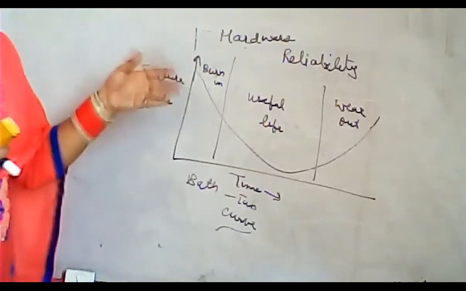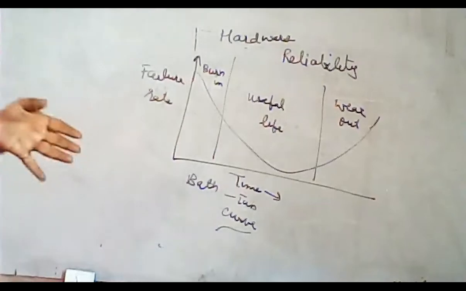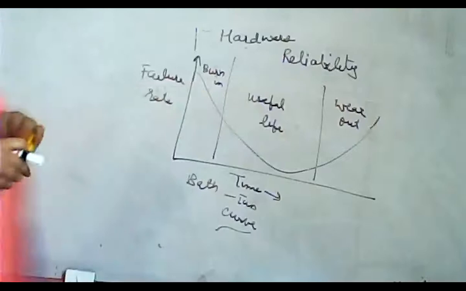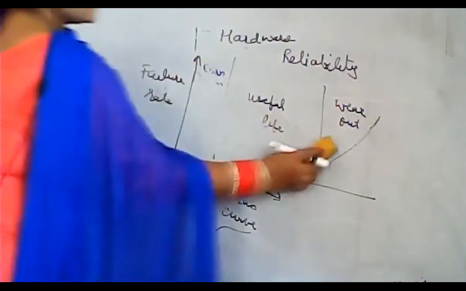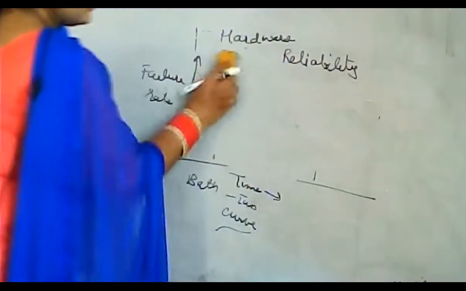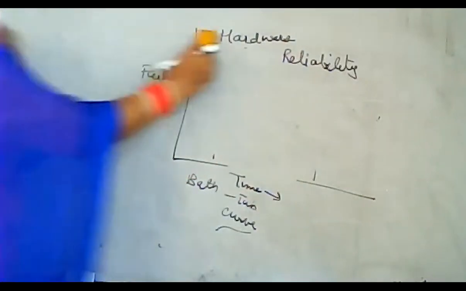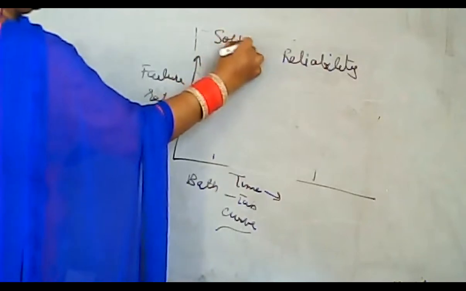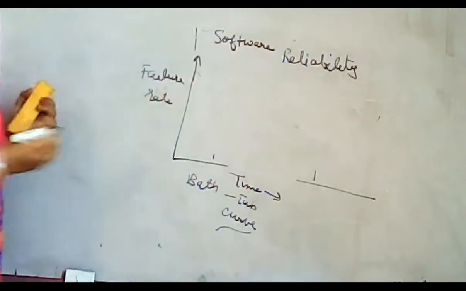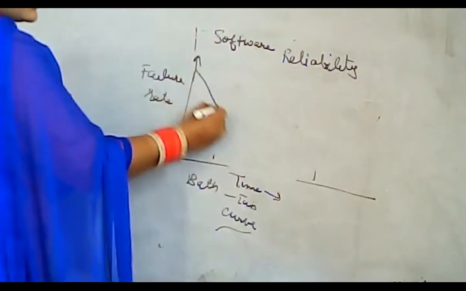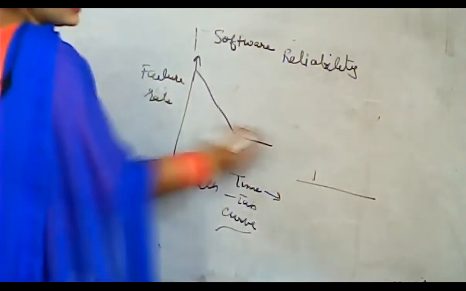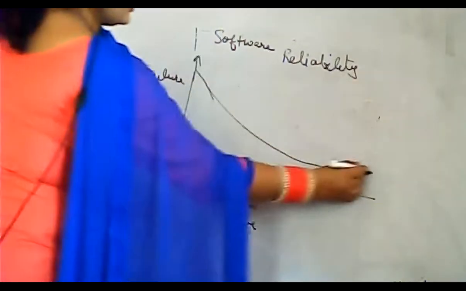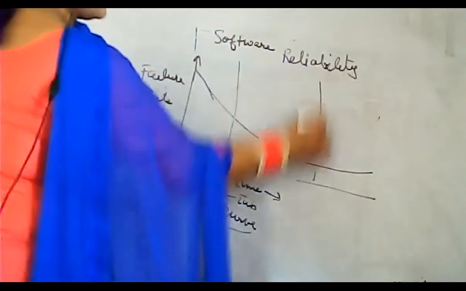So whenever we talk in terms of software reliability, the curve is not exactly the bathtub curve. It is a downward kind of curve. The first is the testing phase, then the useful life, then obsolescence. Obsolescence means the product is no more in use, or it gets obsolete.